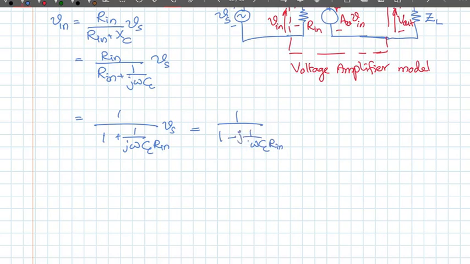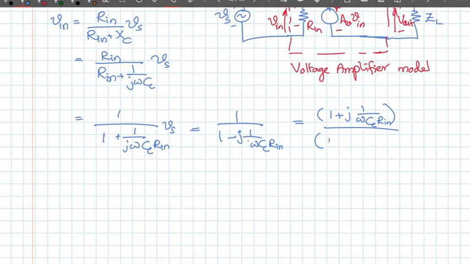There's no j here, so I can take the j up: I multiply top and bottom of this by j, and j squared is minus 1, which is why you have minus 1 here. If I want the j on the top, I can multiply top and bottom by 1 plus j times 1 over omega Cc R in.